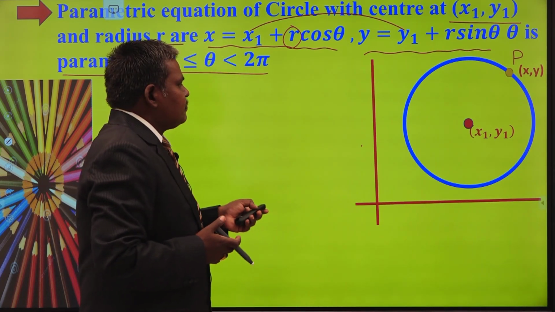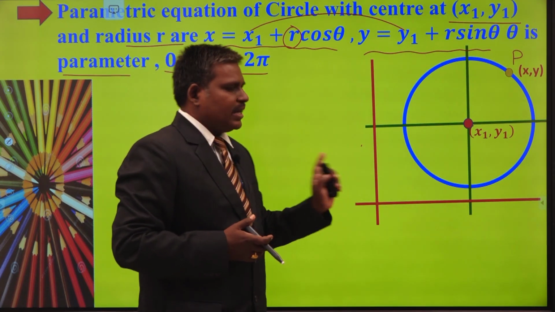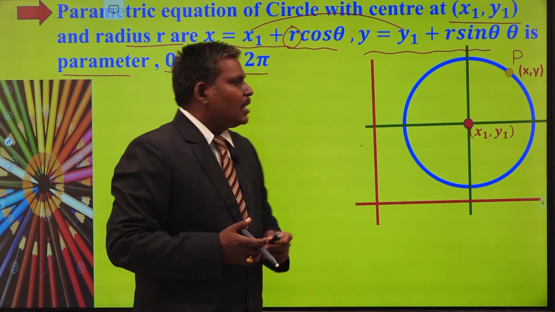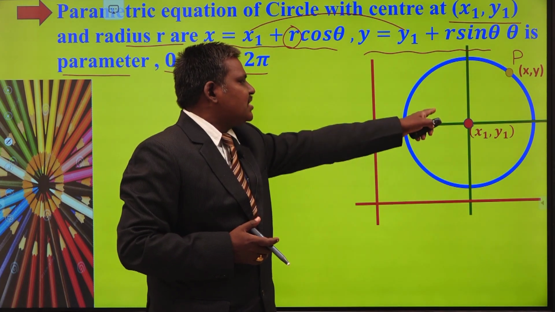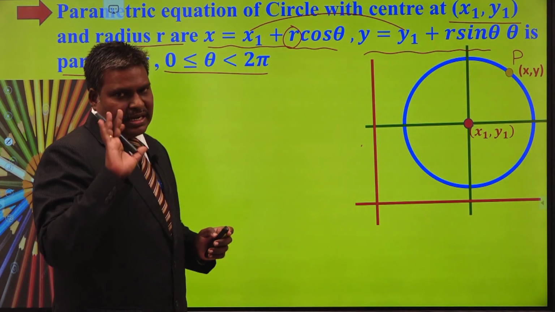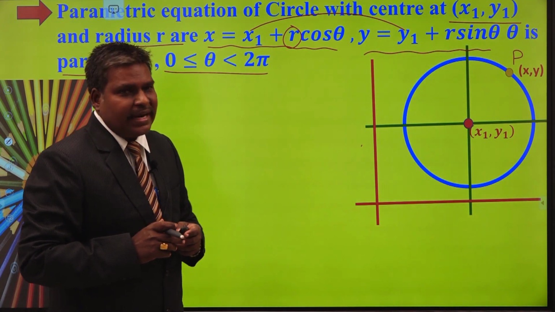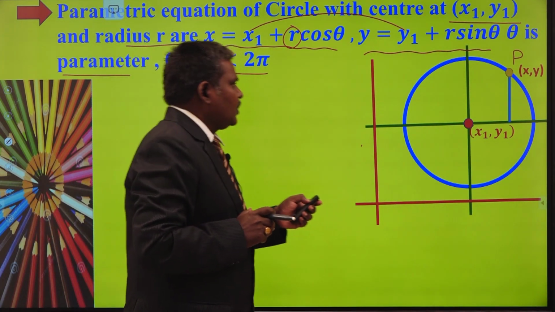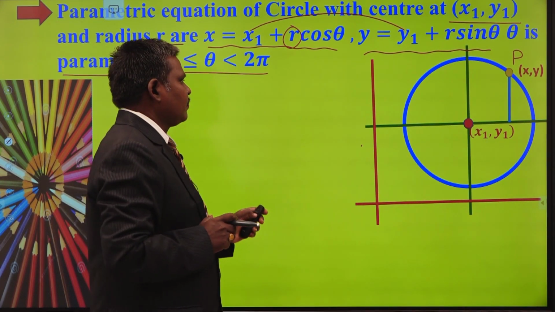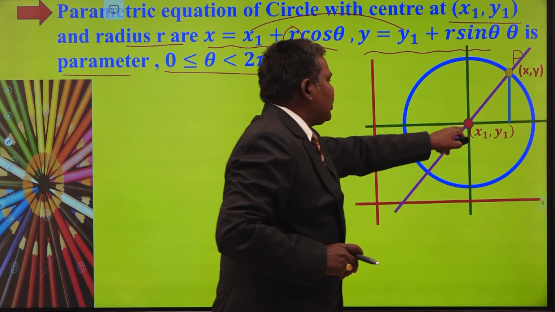Now I am going to draw lines parallel to the coordinate axes through the center. What is my first operation here? I am drawing two lines passing through the center of the circle parallel to the two coordinate axes. That is the first operation. What is your target? You are going to write the coordinates of P, my dears. Don't forget. Draw a perpendicular from P to the x-axis, and draw a line joining P to the center.